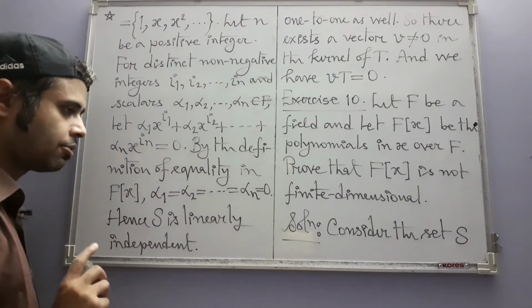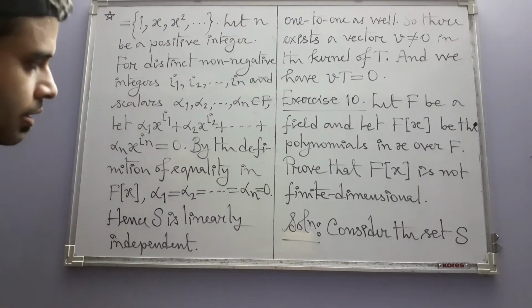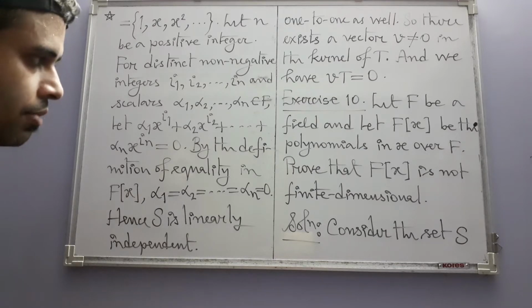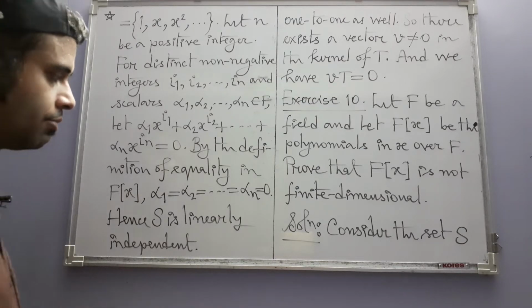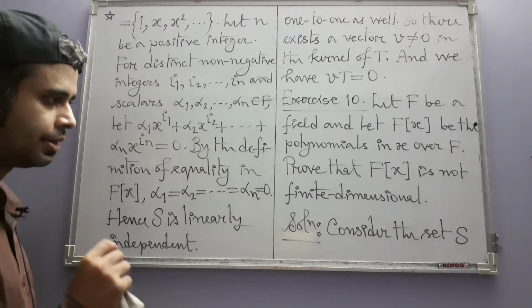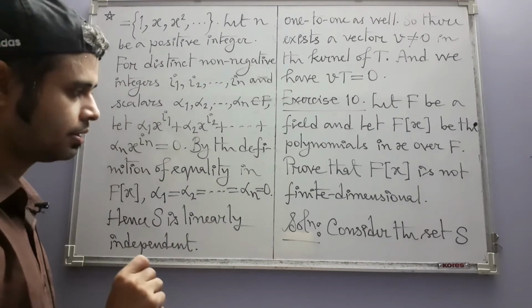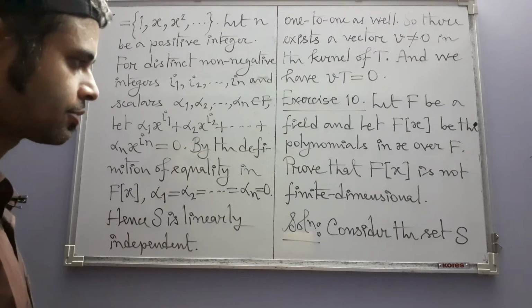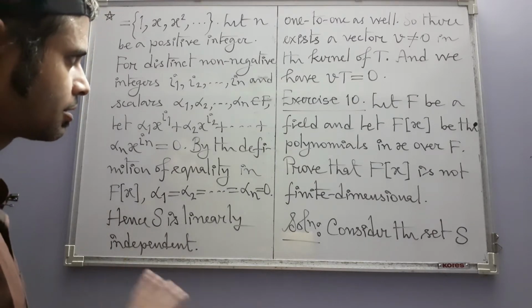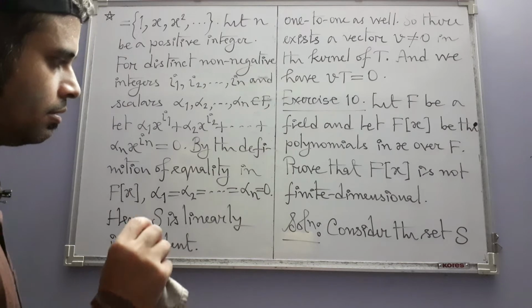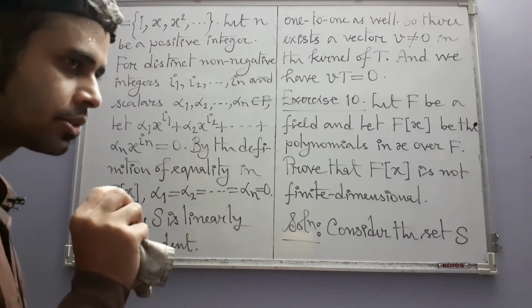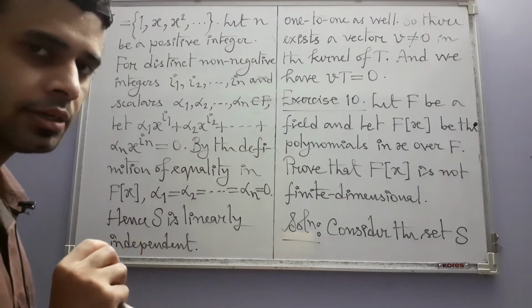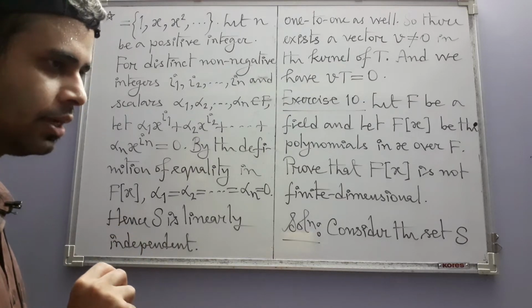Okay, now what is the consequence of S being linearly independent? Recall a previous result where we proved that if a vector space has dimension n, where n is a positive integer, actually n can be 0 also, but I am saying, if a vector space has dimension n, then the size of a linearly independent set in that space can be at most n.